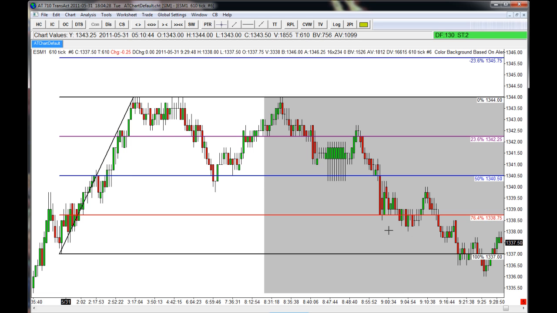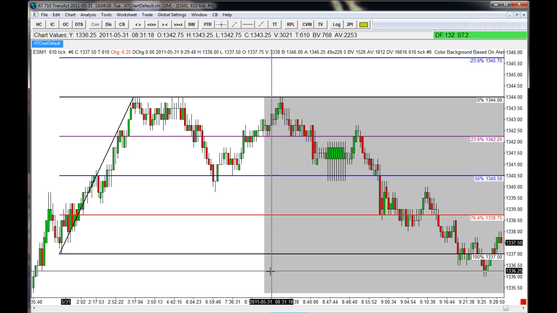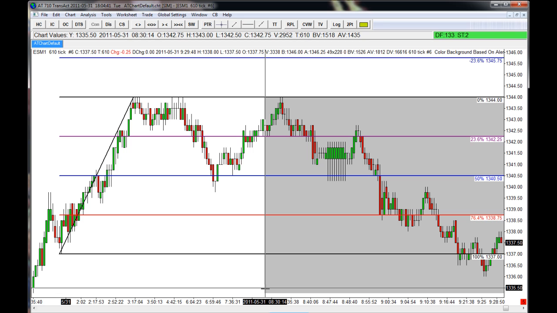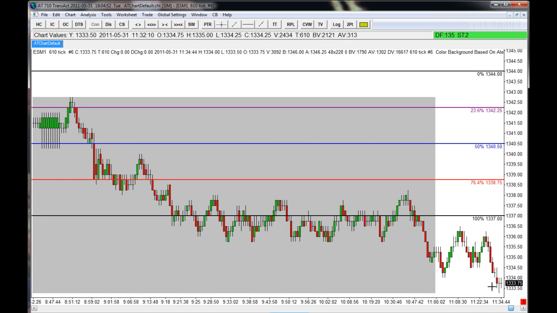Now, I only place my trades between 9:30 and 12 p.m. Eastern Standard Time. Okay, right now I have my charts set to Central Time. That's why you see this gray rectangle that colors the background starting at 8:30 and it ends at 11.